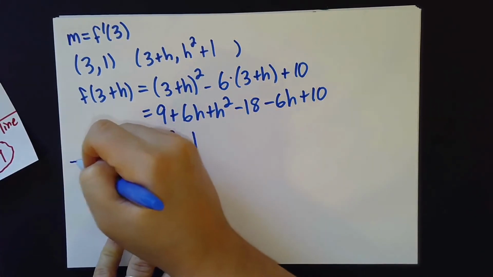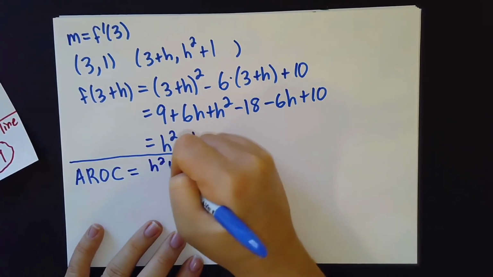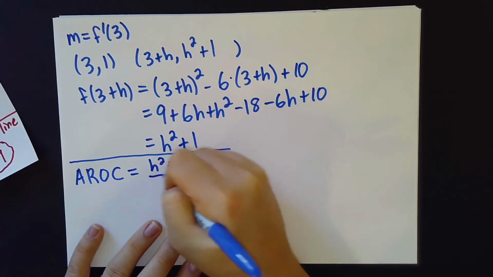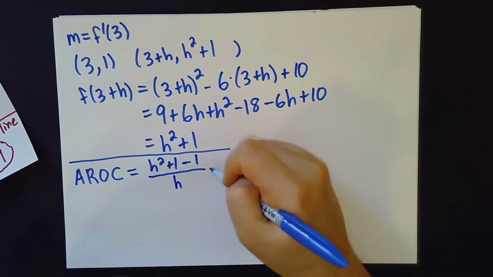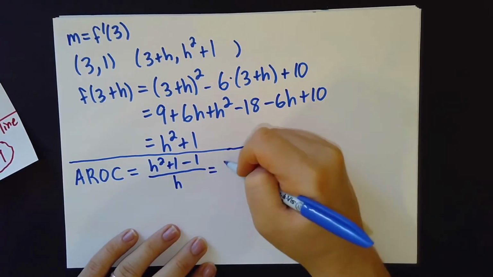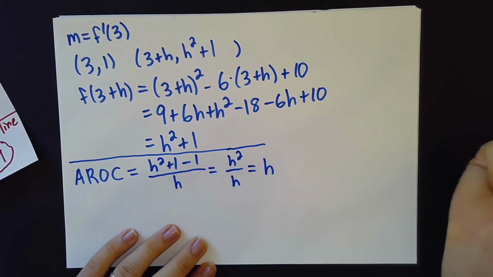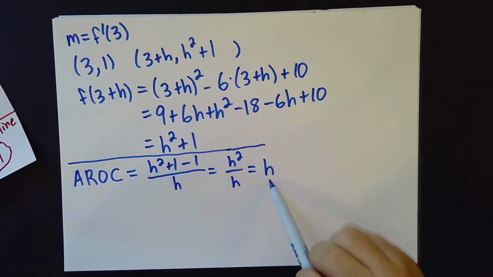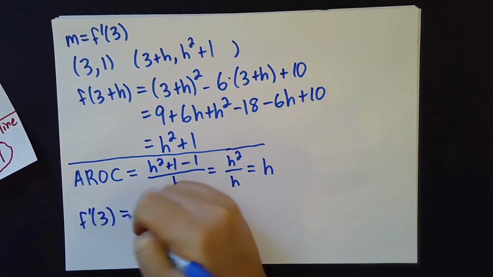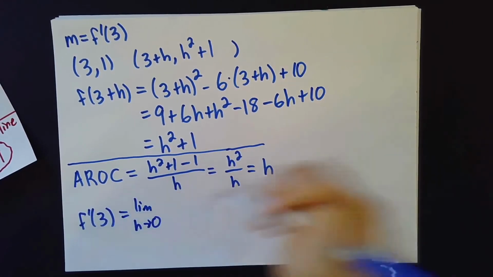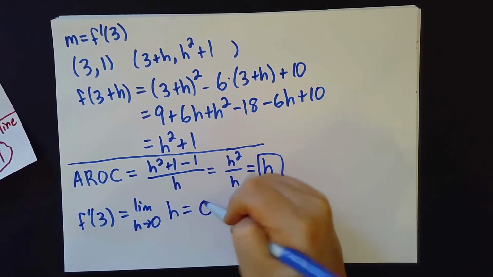That lets me go ahead and find my average rate of change between these 2 points, which is going to be h squared plus 1 minus 1 divided by 3 plus h minus 3, which is just h. Okay, and so this is going to be h squared over h, which is just h. So now that I've calculated that, my f prime of 3 is the limit as h goes to 0 of just that h, which is in fact 0.